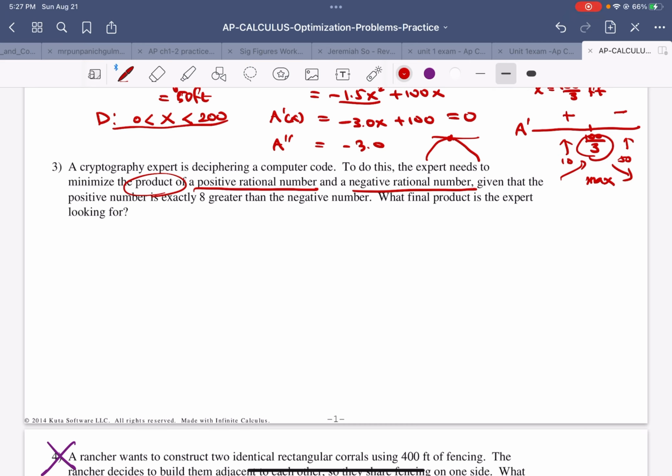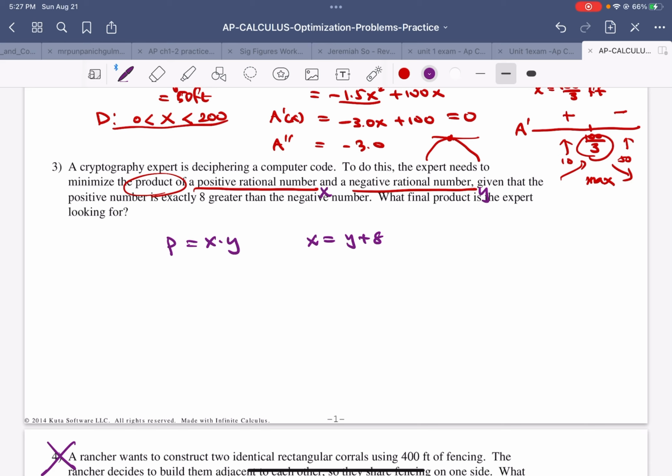Let's, for my convenience, call the positive rational number x, and this one y. So the product is x times y. And what is said is that the positive number, which is x, is exactly 8 greater than the y value, so x is y plus 8.